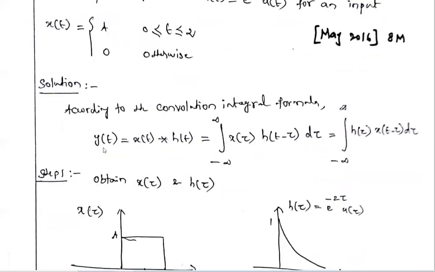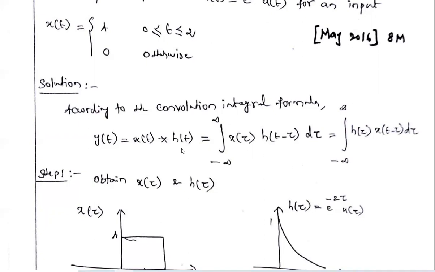First, we have to write down the formula. According to the convolution integral, the output y(t) is obtained by x(t) convolved with h(t), that is, the integral from minus infinity to infinity of x(tau) h(t minus tau) d tau. In the previous videos we discussed the properties of convolution.